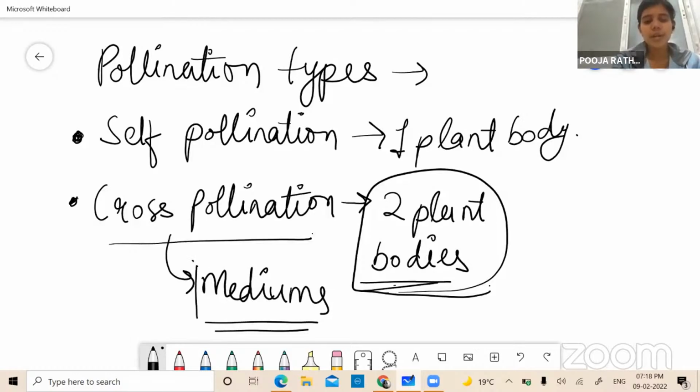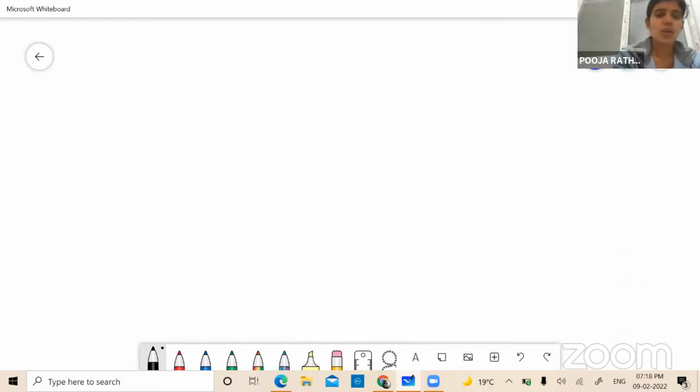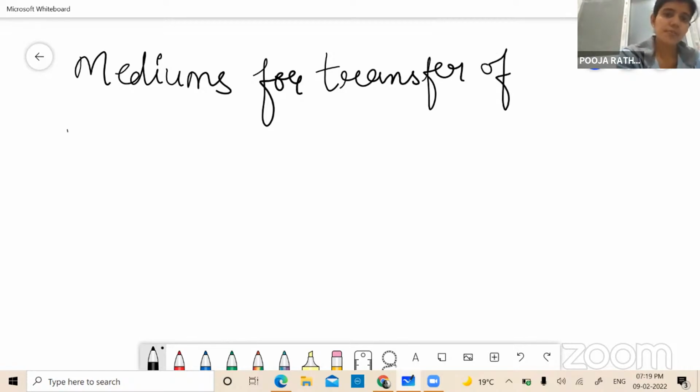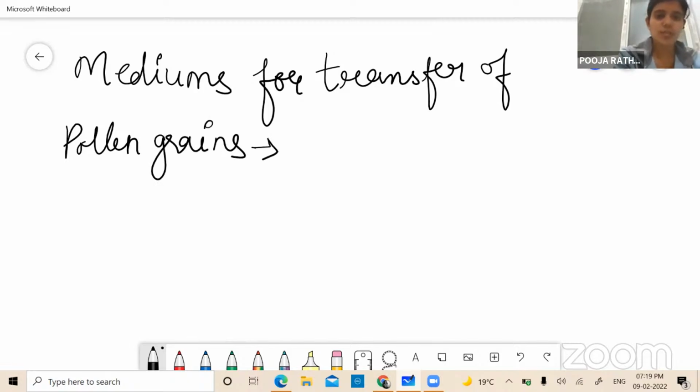Now, what are the particular mediums through which pollen grains are transferred? Let's discuss here. Mediums of transfer for pollen grains.